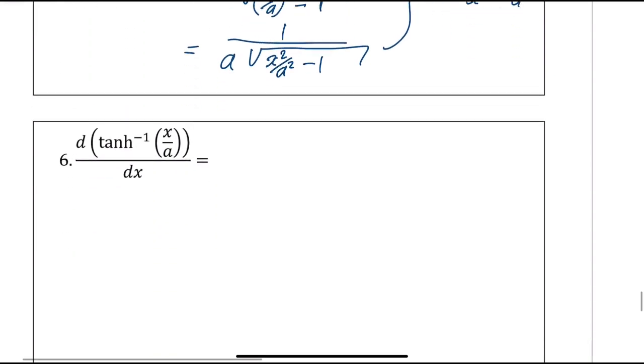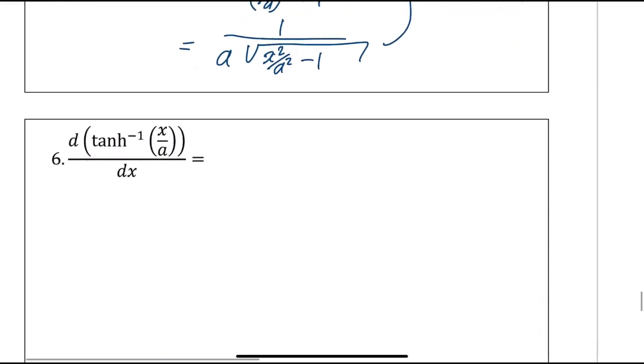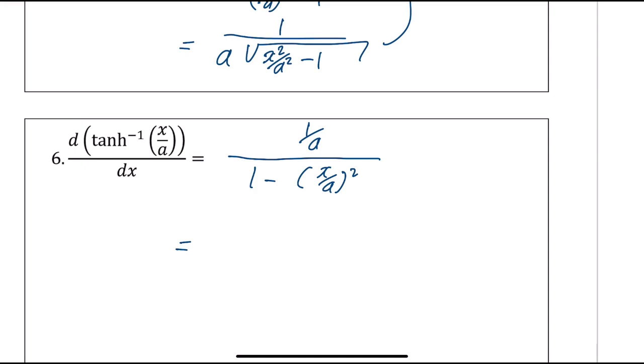And then your last one, differentiate the inverse hyperbolic tan, you'll get 1 over 1 minus your angle bit squared. And also differentiate the angle, you get 1 over a. So again, we'll write that as 1 over a on the top line.